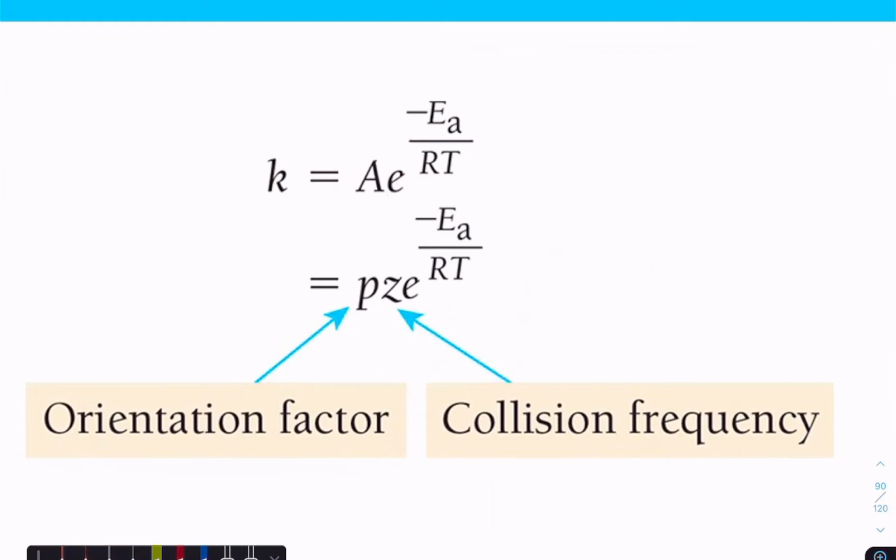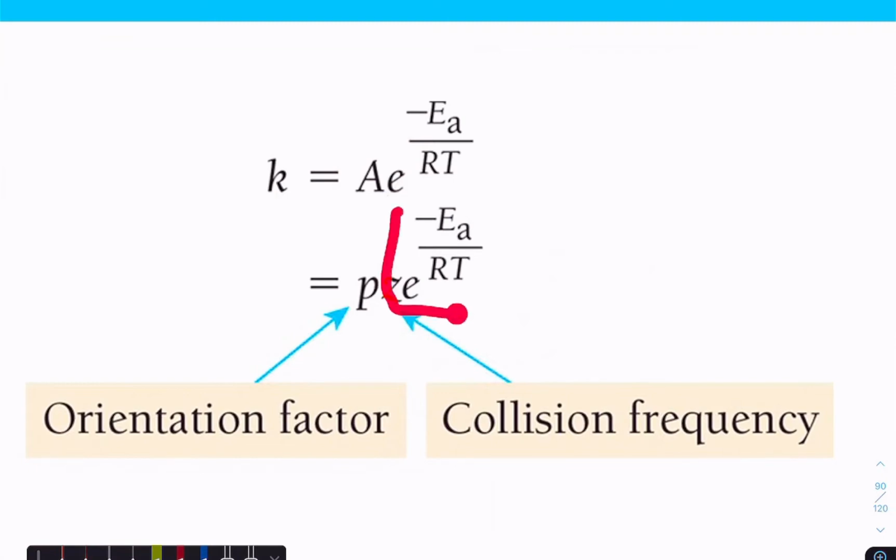But the thing that can affect that is the orientation factor. So sometimes you get fewer successful collisions than you do total collisions in this equation, if I phrase that correctly.